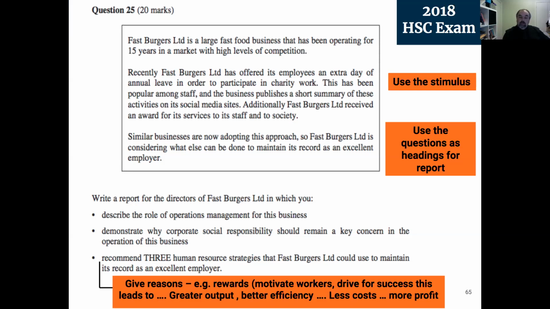So we're recommending rewards because it motivates and drives staff to success. Great. But then what happens then? So this is the in-depth look at the answer. You're recommending because it does this success, and that success leads to greater output, efficiency, less cost, more profit. So that would be the detail in your answer there.